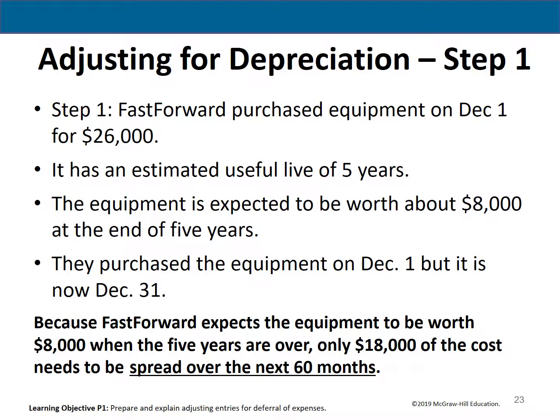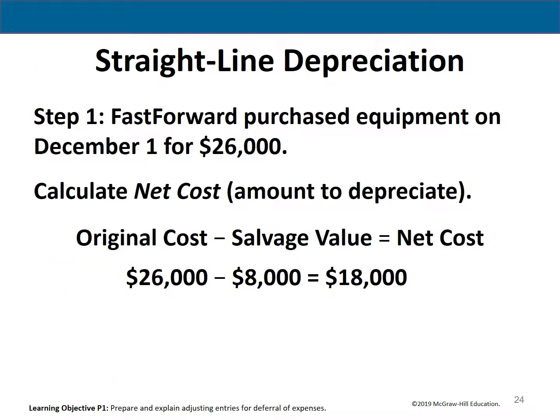It's December 31st now, so the question is, do we have to expense any of that? And the answer is yes. We will fill in our formula. 26,000 cost minus salvage value.